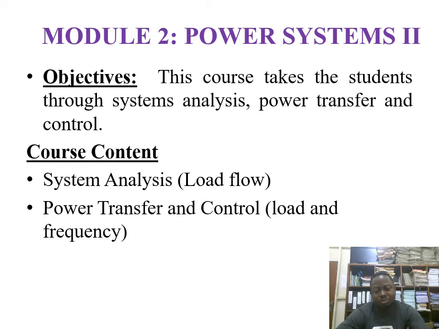And when the system loses synchronism, it can lead to total or partial blackout for the whole nation. So the students do a comprehensive study on how to balance load against frequency.